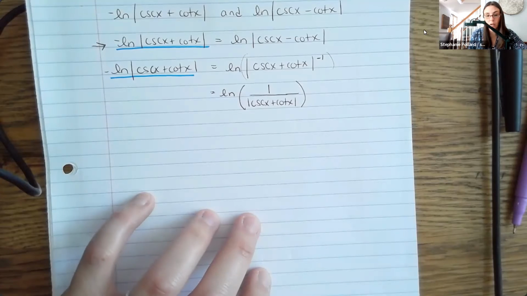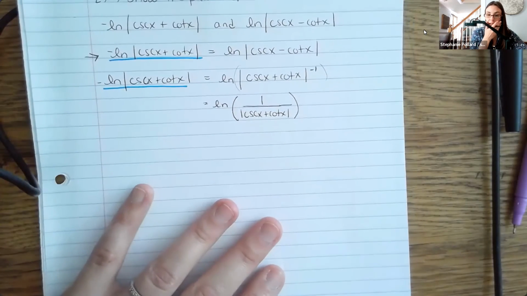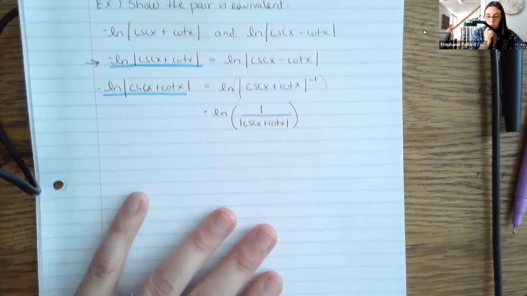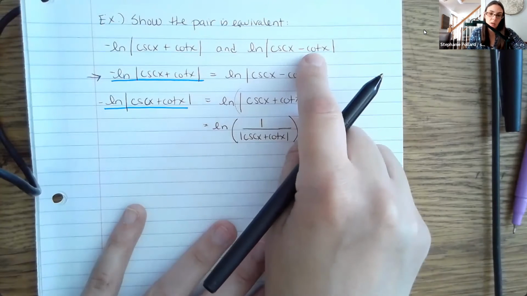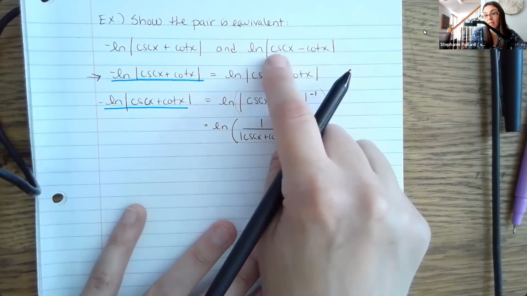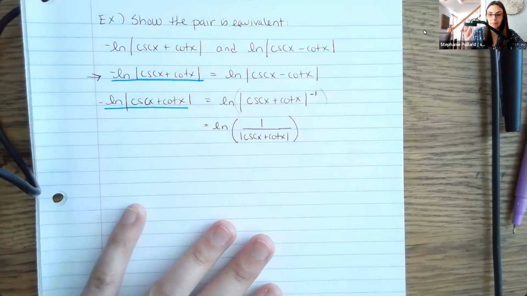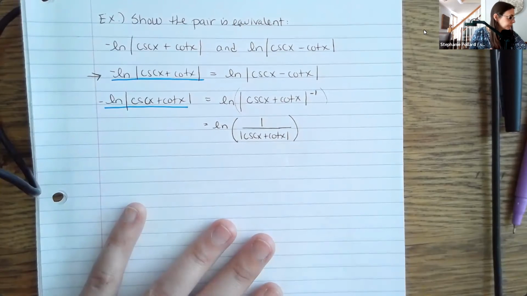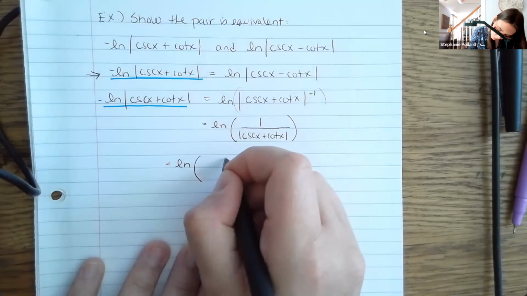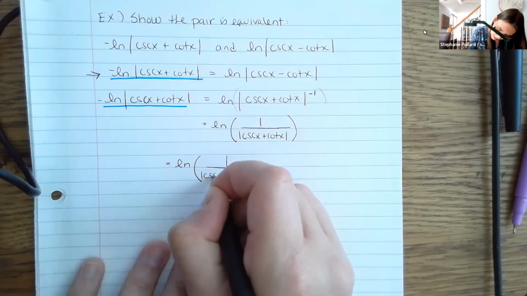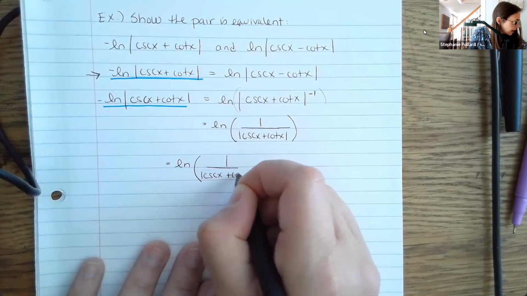All right, now here, again, I'm kind of really getting stuck here, but I do know I want my final result to have a positive and then a negative in it. So my thinking is, well, let's multiply by that and see if we can get it to look like that instead. So I'm going to rewrite this natural log. So I have 1 over cosecant x plus cotangent x.